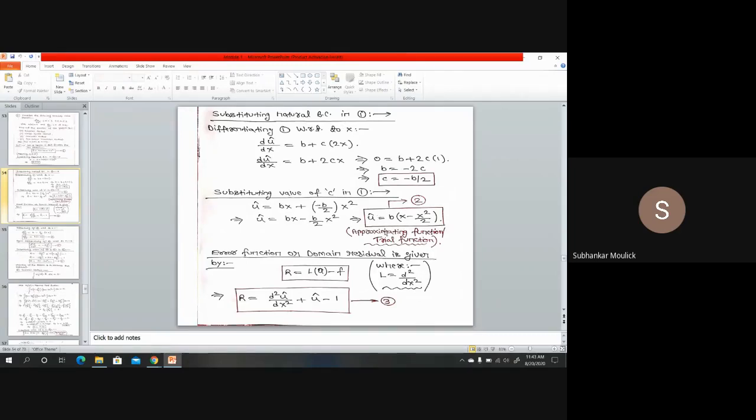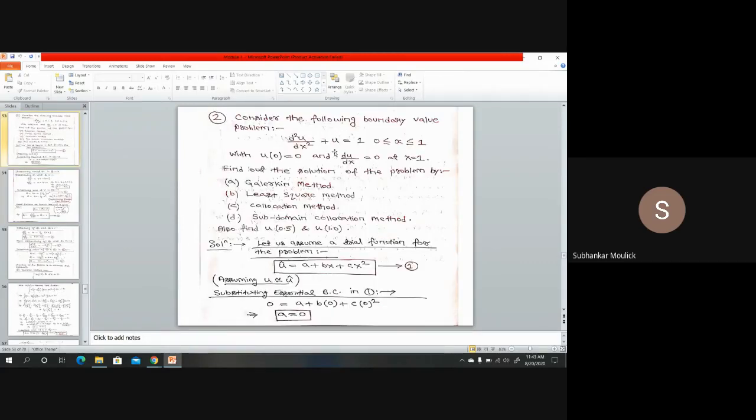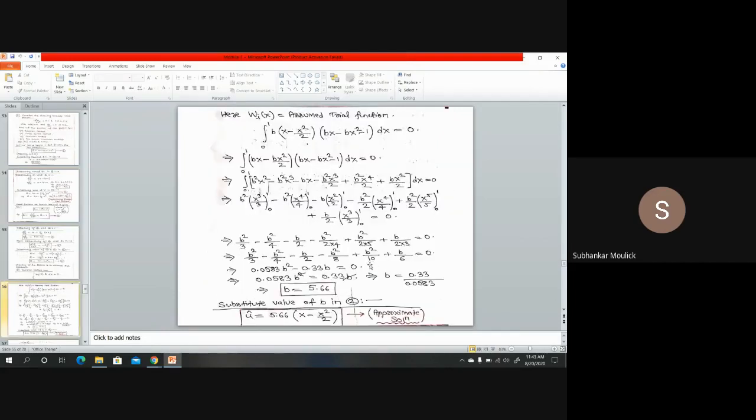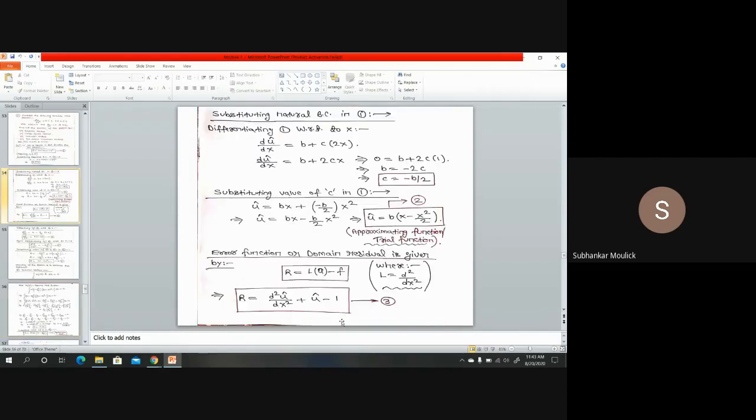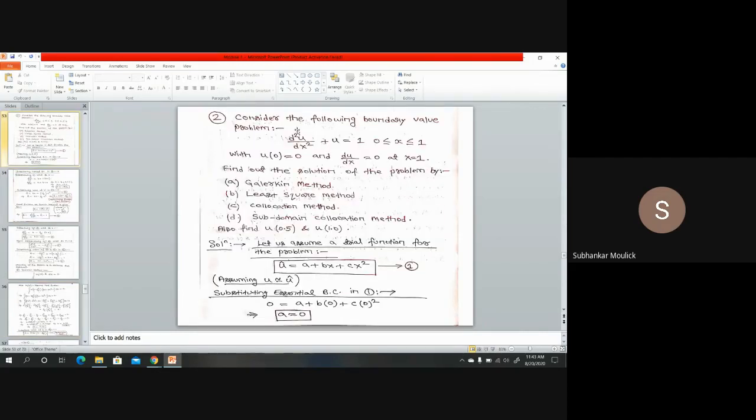That will be my resulting approximated solution of this given differential equation by Galerkin method. After substituting b equal to 5.66, u cap is equal to 5.66 into x minus x square by 2. So this is the approximating solution of this given differential equation.